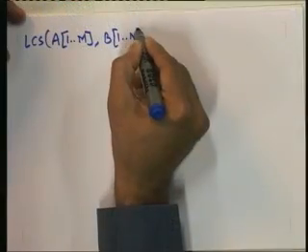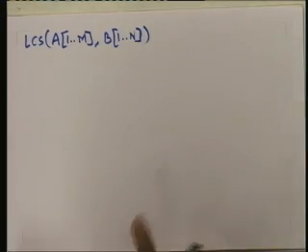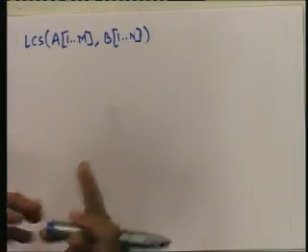So now we are ready to write down our general search procedure. Let me write that down. A recursive procedure, which I am going to call LCS, takes as arguments A of 1 through M and B of 1 through N. Since we are going to write it as a procedure, let us be careful about boundary conditions.